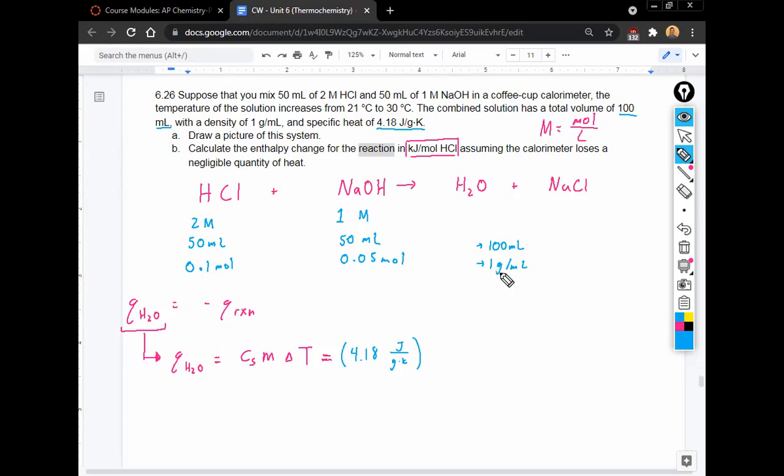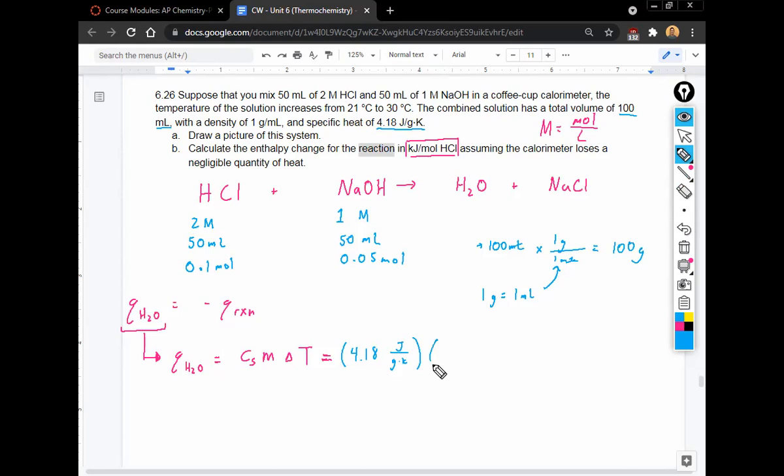It's pretty simple, because if something is 1 gram per milliliter, that's the same thing as 1 gram equals 1 milliliter. So we can set up a fraction: 100 milliliters times 1 gram over 1 milliliter, and the milliliters cancel out, which means we have 100 grams of solution.